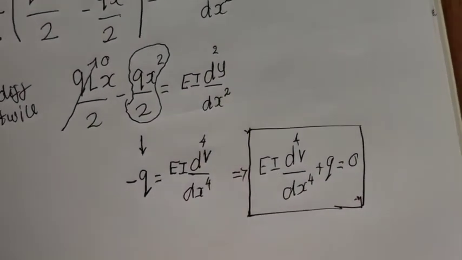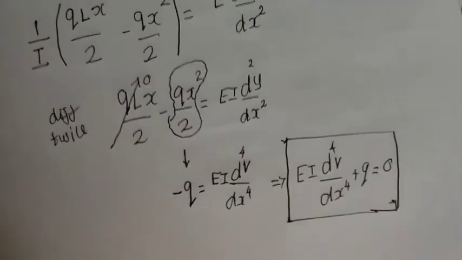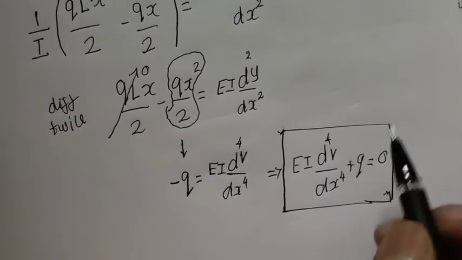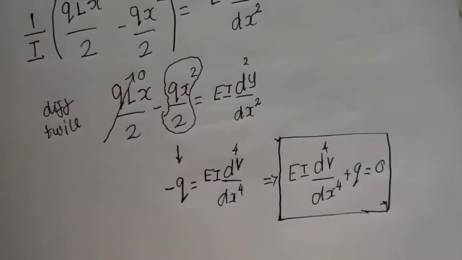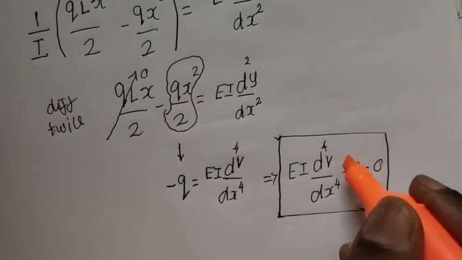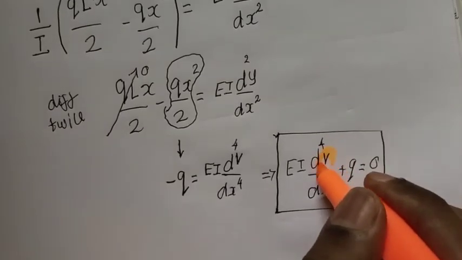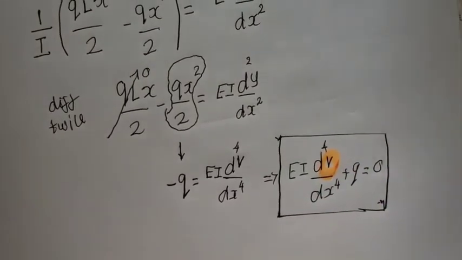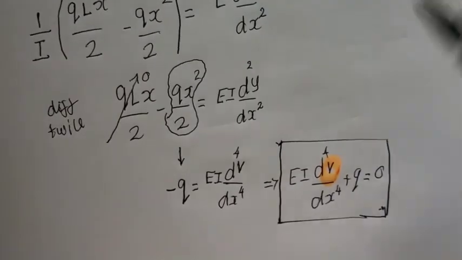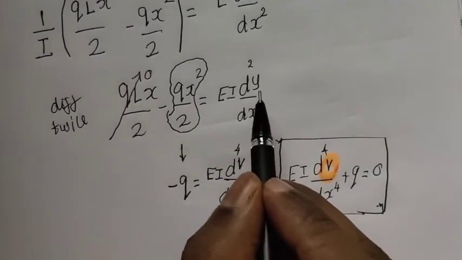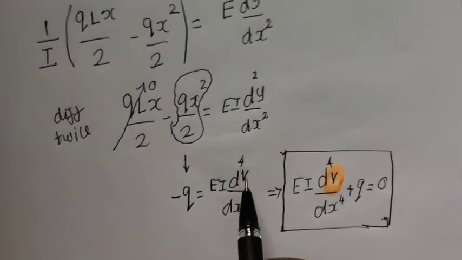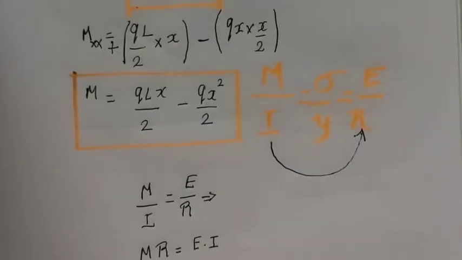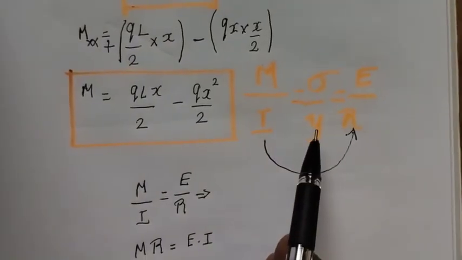Now the big question is, why do you want to derive this equation? After solving this differential equation, you get the dependent variable v. Here v stands for the vertical displacement. I'm sorry to use the notation v because all of a sudden I have changed the notation from y to v. There is a reason, because already in the bending equation you have this notation y.